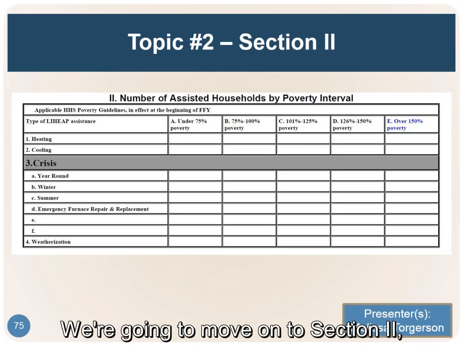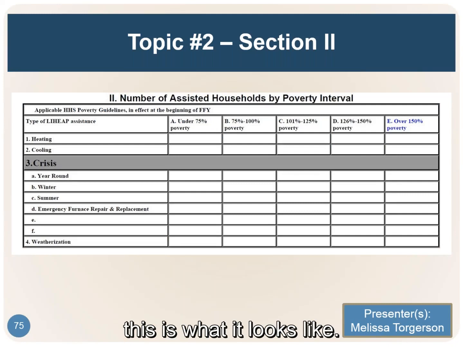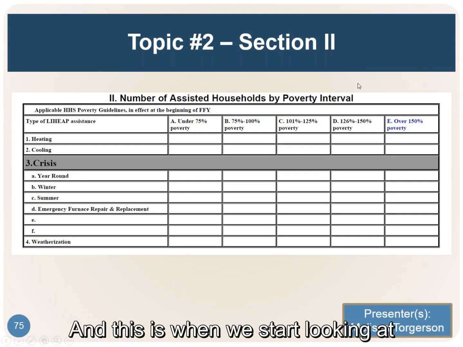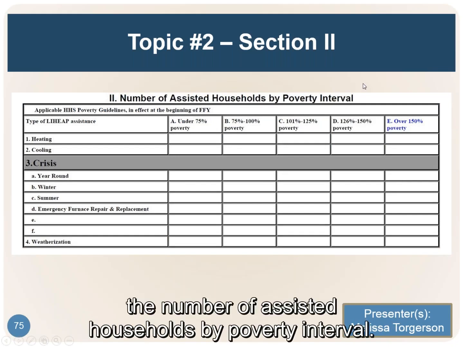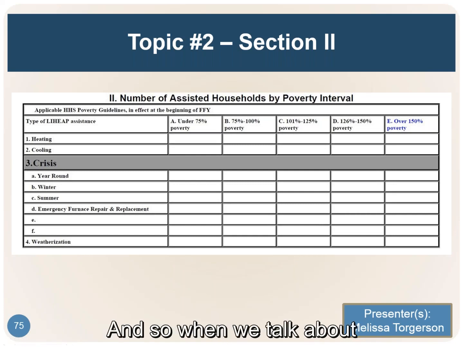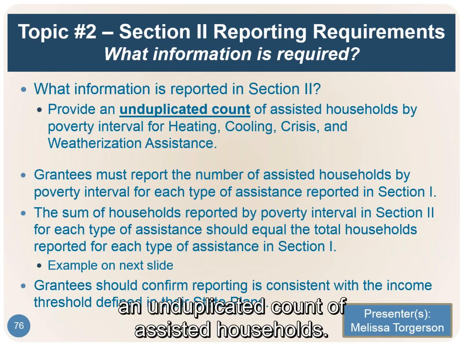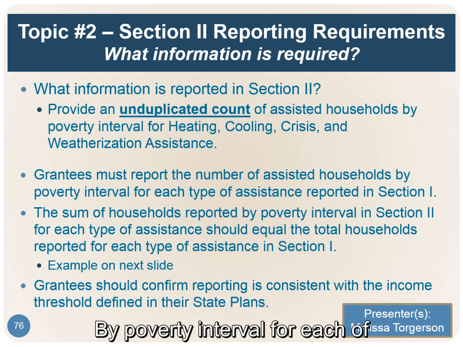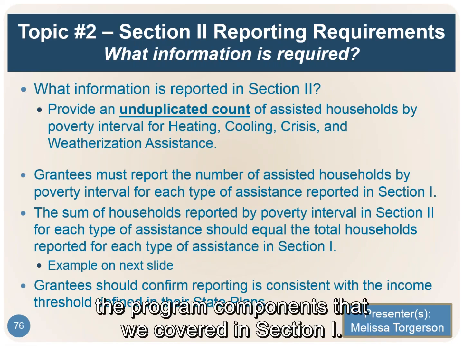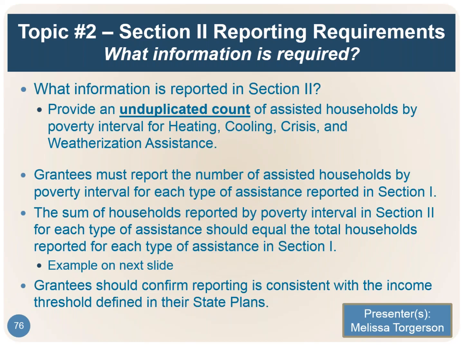We're going to move on to section 2. This is what it looks like, and this is when we start looking at the number of assisted households by poverty interval. When we talk about this, we're talking about providing an unduplicated count of assisted households by poverty interval for each of the program components that we covered in section 1.